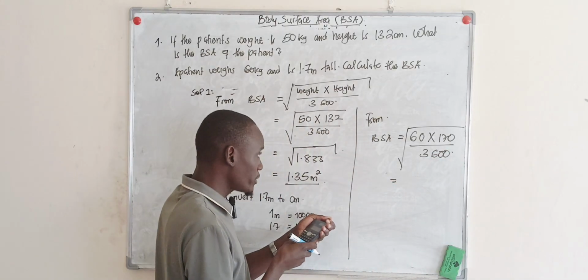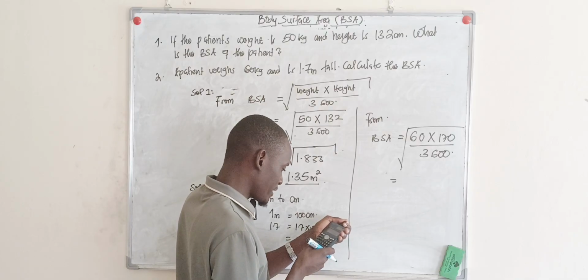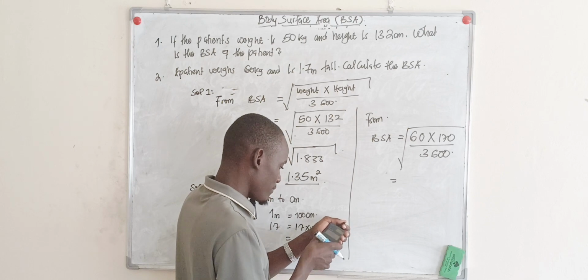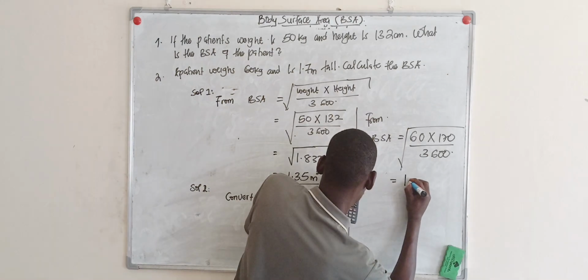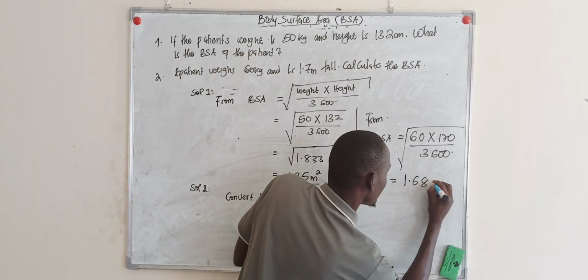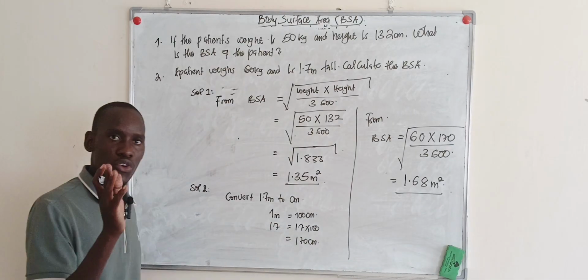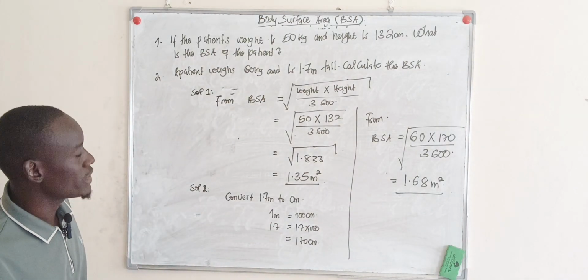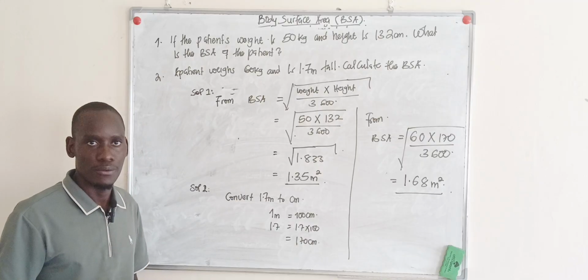And when you compute that, 60 times 170 divided by 3,600, then the square root of it, we shall have 1.68 meters squared. I hope you're at the same pace with me. Let's look at our third example.